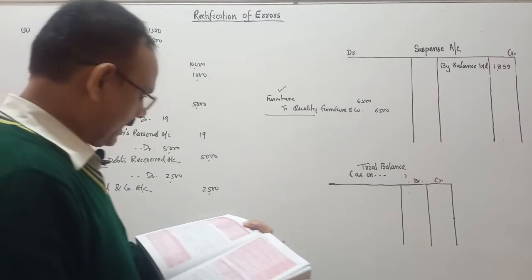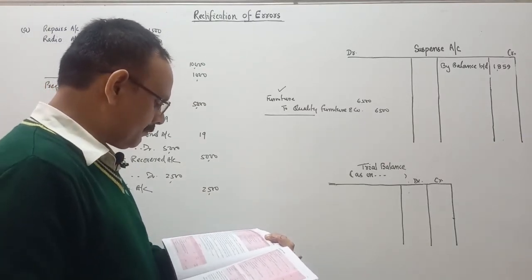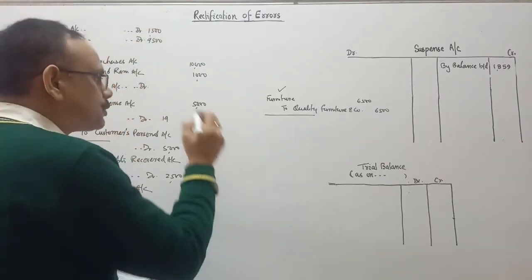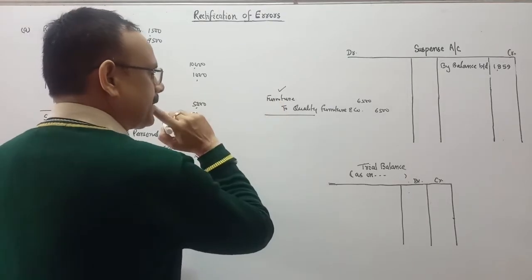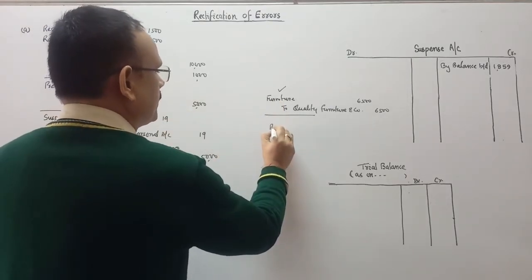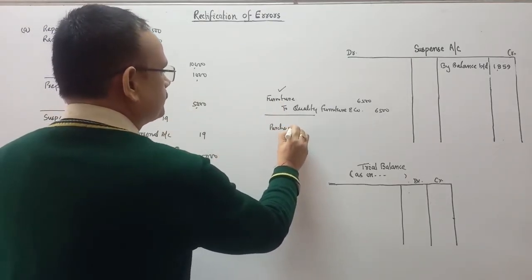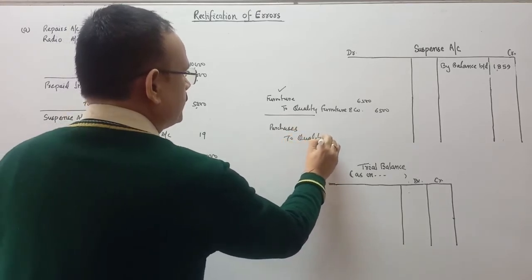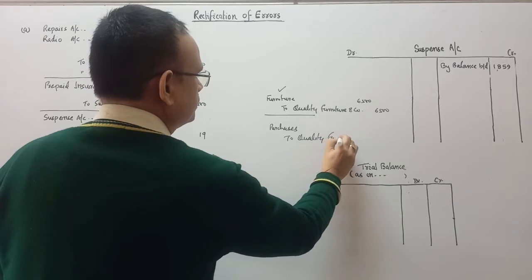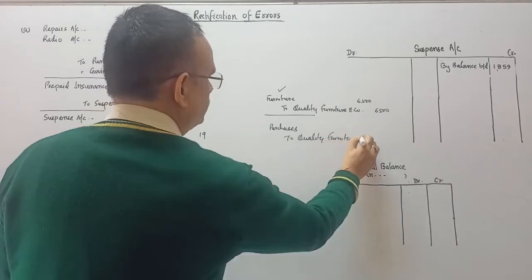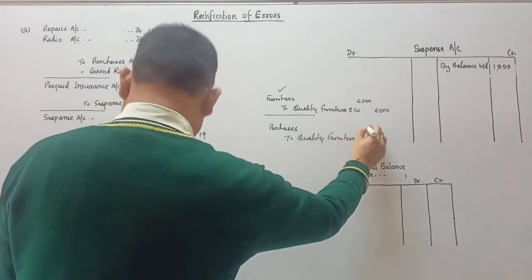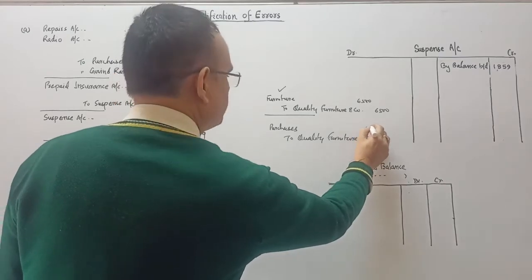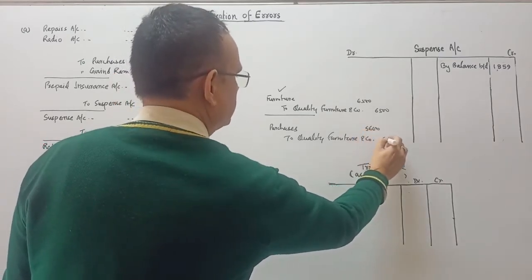But what the accountant has done, an entry for rupees 5600 was passed through the purchase book. Instead of furniture account, they have done purchase account debit to Quality Furniture and Company. And the amount is also wrong, 5600.